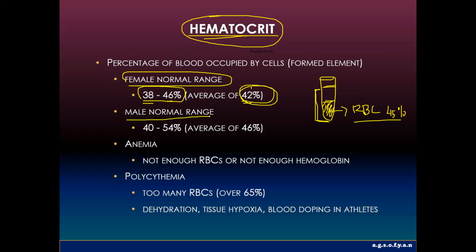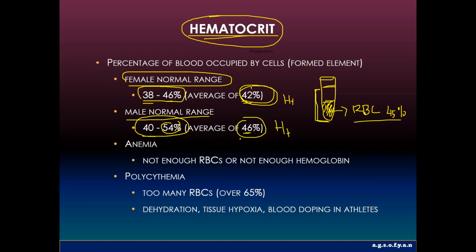For males, the range for normal value is between 40 to 54. So it's higher for males, right? Average about 46. So a healthy male will have a hematocrit, called HT, with an average of 46. This is a healthy normal hematocrit value for males.